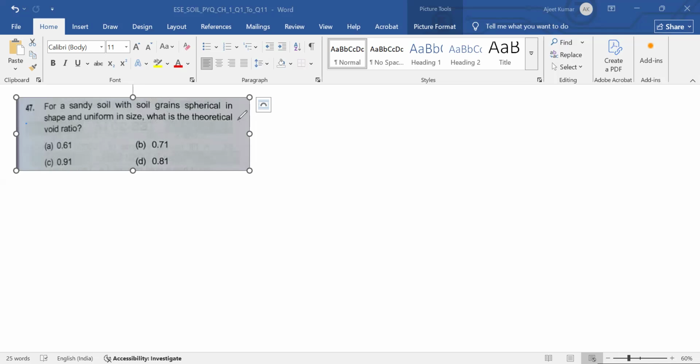So Emax is 0.91 and it occurs in cubical packing. Okay.